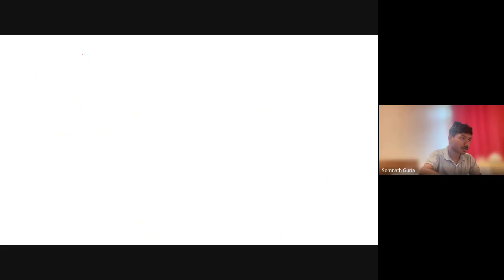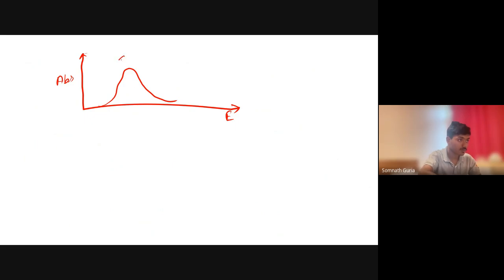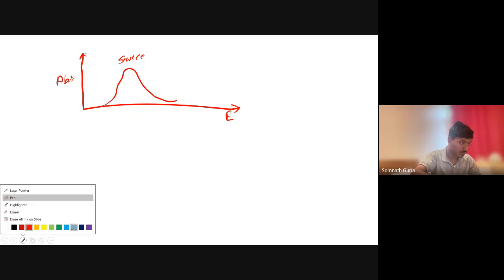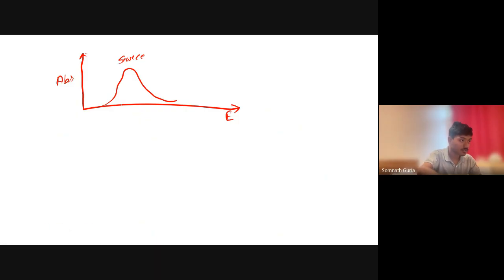the absorbance and energy graph becomes like this: this will be my absorbance, this will be the energy parameter, and here will be your source, and we have the sample over here. Sorry for my bad drawing.